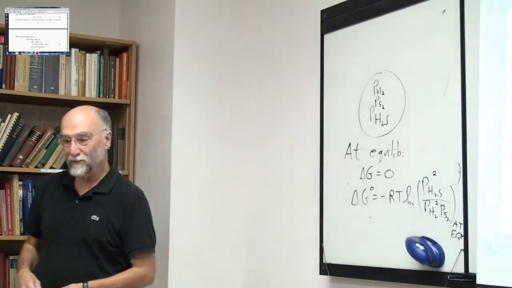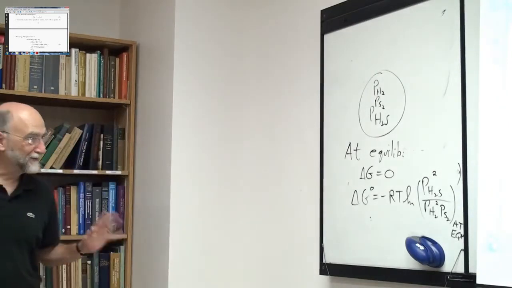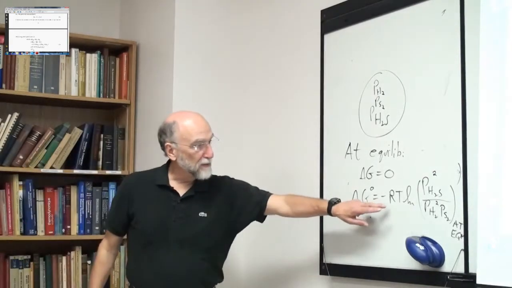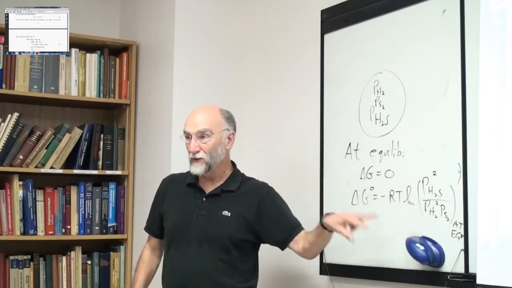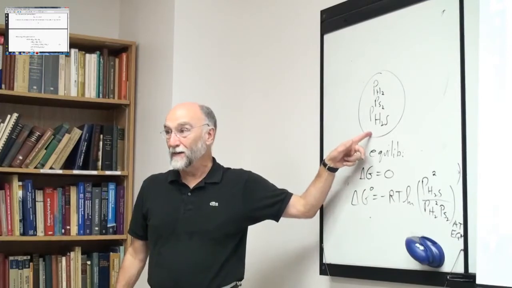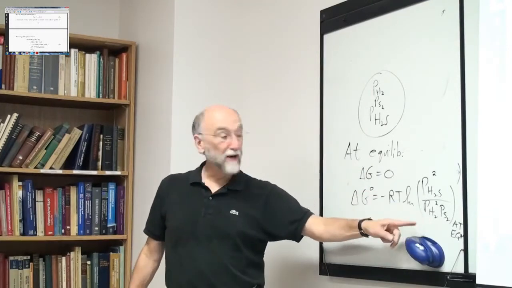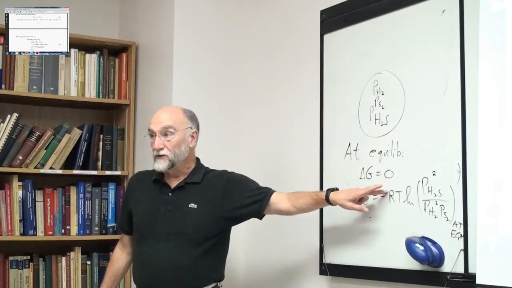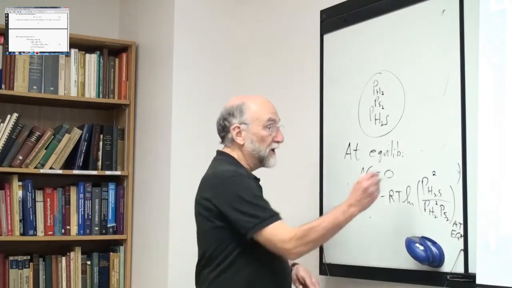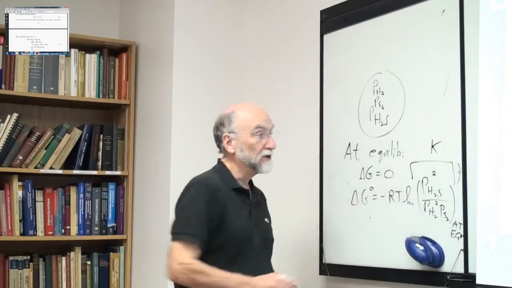Sorry to stress this point, but it's amazing people don't have a problem. Delta G0 is minus RT log of this ratio, where this is the ratio when the system's at equilibrium. Not any old ratio that happens to be in there. This is the one and only ratio at a given temperature T for which delta G will be equal to 0. So this ratio at equilibrium is called the equilibrium constant.